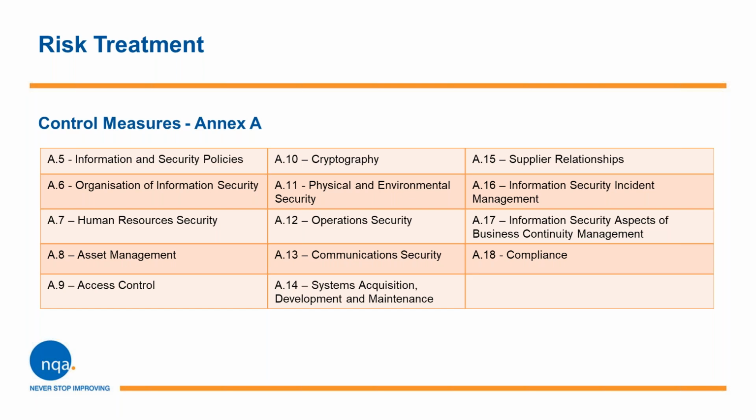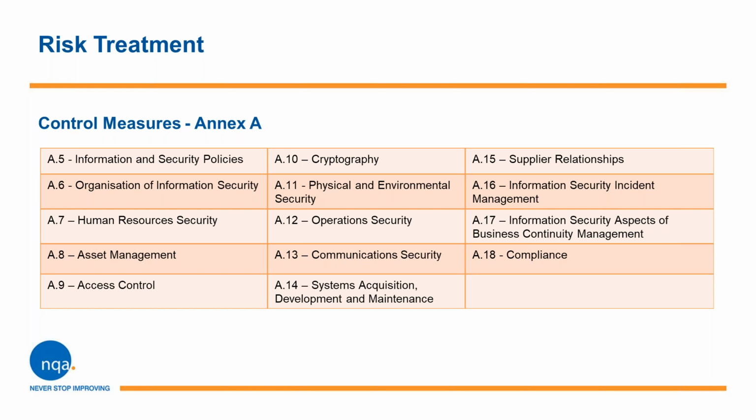This looks at network security, segregation, network services, transfer of information, and messaging. A14, system acquisition, development and maintenance, which is controls defining security requirements and security in development and support processes. A15, supplier relationships, which is controls on what to include in agreements and how to monitor the suppliers, so we make sure that our transactions with our suppliers are secure and there's security built in around that.